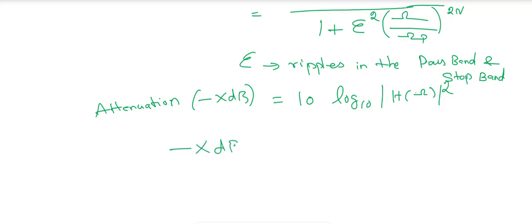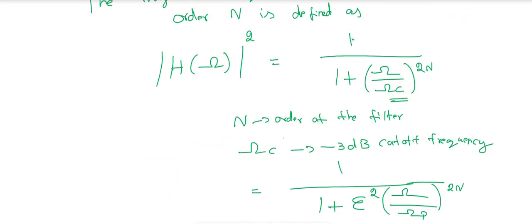So the attenuation in dB can be defined as follows. Substitute |H(ω)|². For a by b, in terms of log you can write log a minus log b.